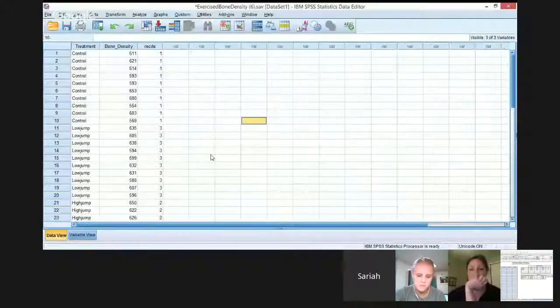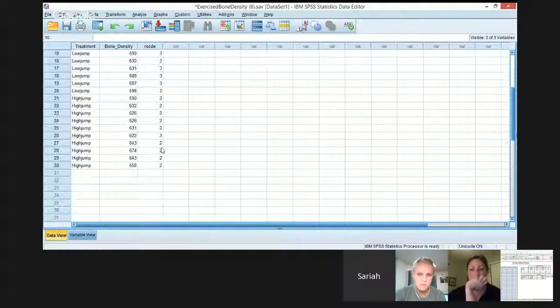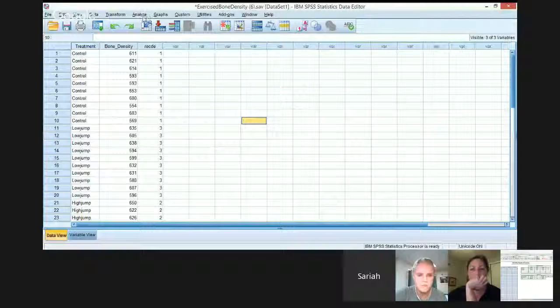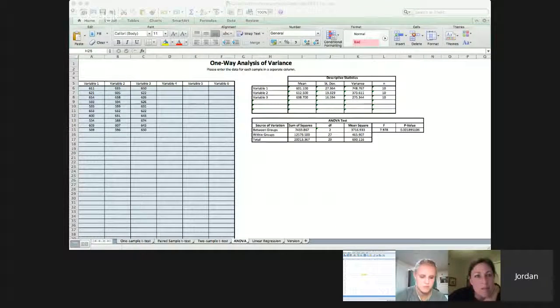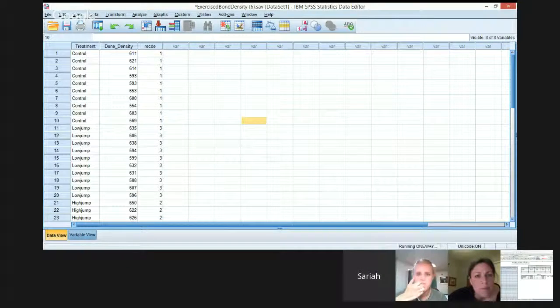So I'll show you what my SPSS looks like. Okay. So it should look like this, where recode is already done. And then analyze, compare means, one-way ANOVA. Should be right here.